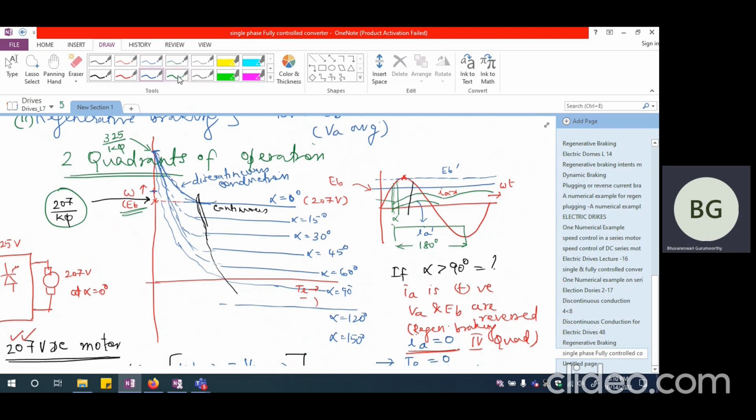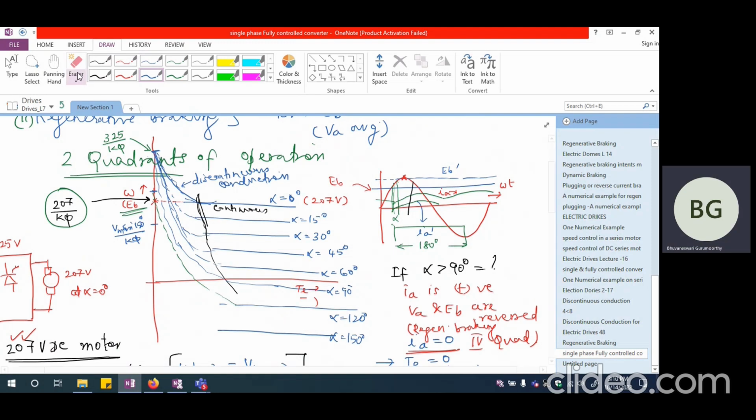So I have to join from here, and it should come into this particular characteristic. And similarly, if I draw for alpha equal to 150, again, I should draw it like this. And for 150, sine 150 will be 50% of the original speed. So this is going to be Vm sine 150 degrees by K5.